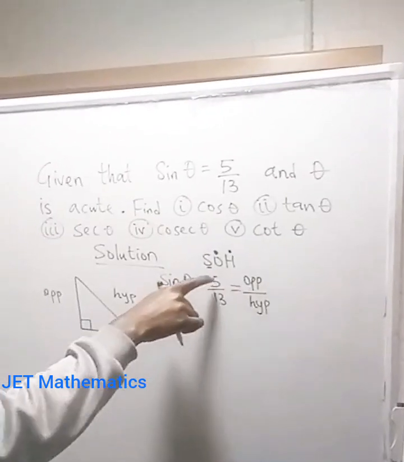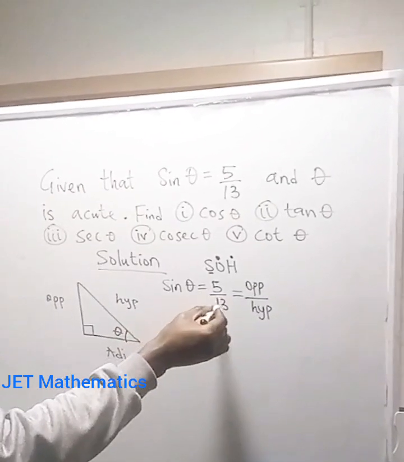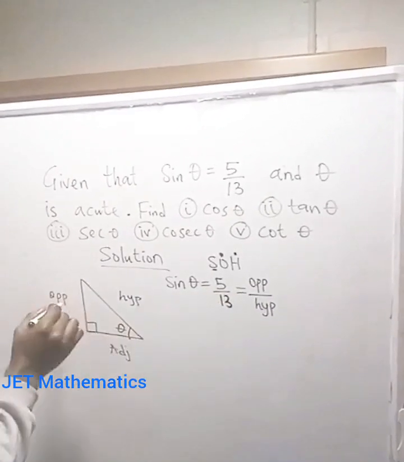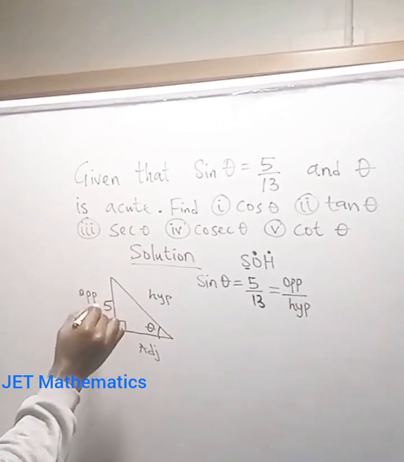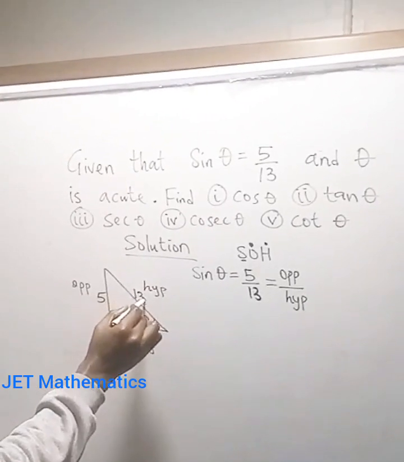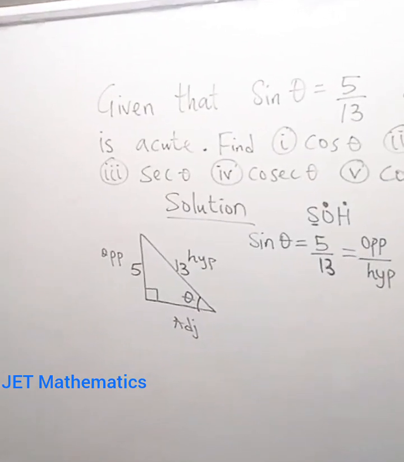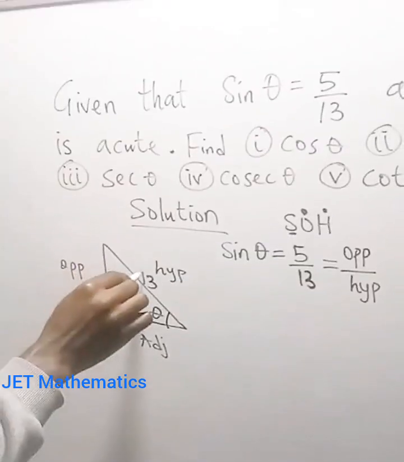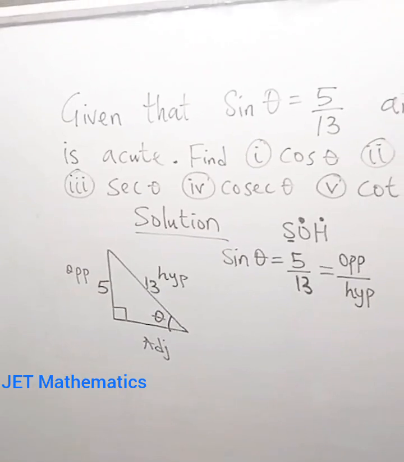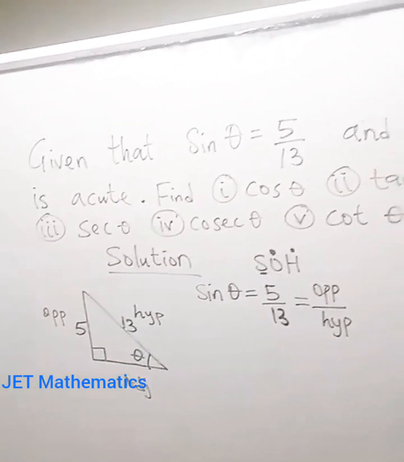So the opposite is 5 and the hypotenuse is 13. So the opposite is 5, which is here, and the hypotenuse is 13, which is here. Are we good? I believe. If you have any questions, you can drop them in the comments. We will check and give you a reply.